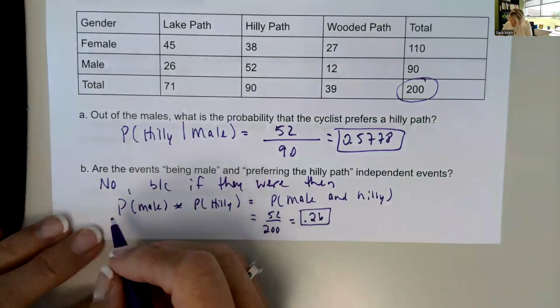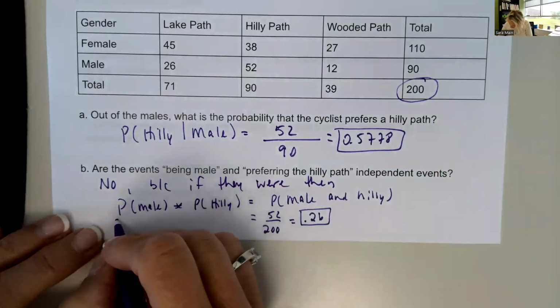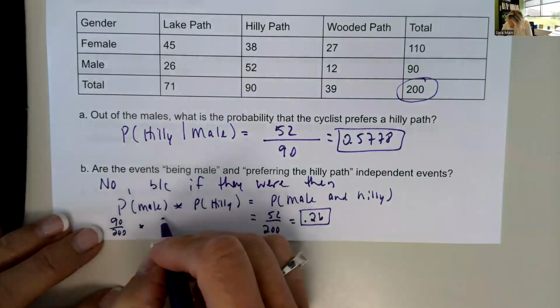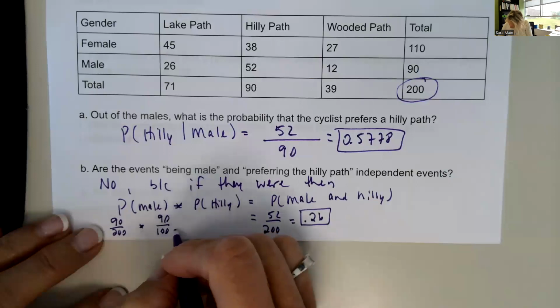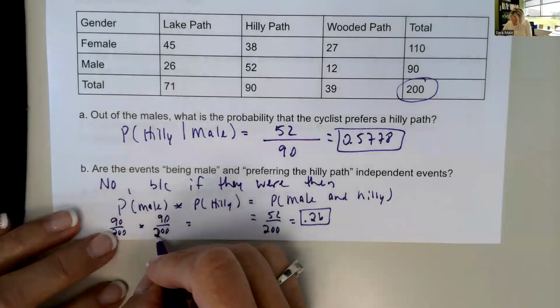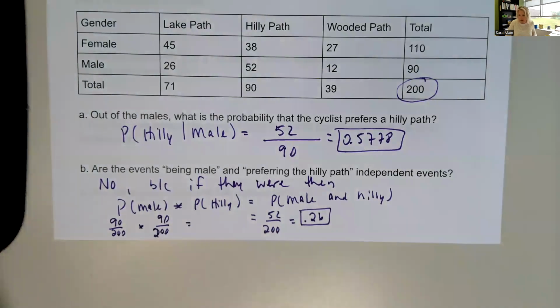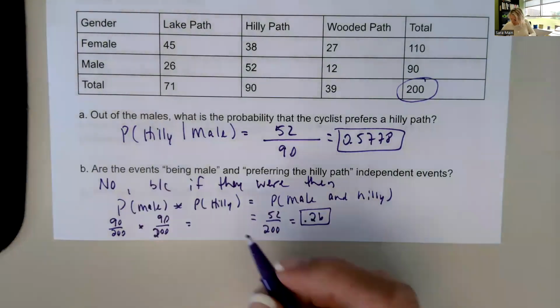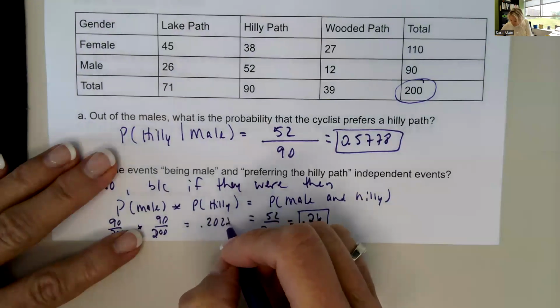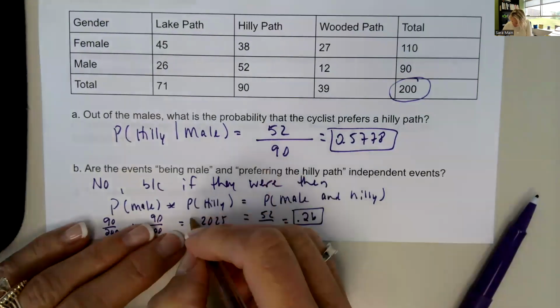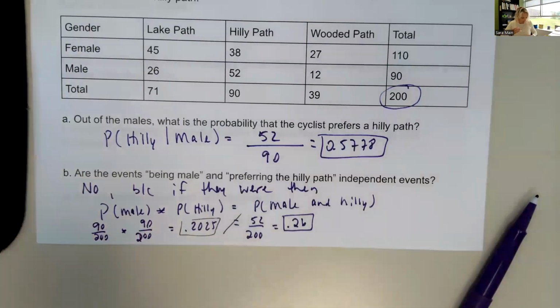And male times hilly would be 90 out of 200 times 90 out of 200, which would be 0.2025, and those don't equal, so they're not independent.